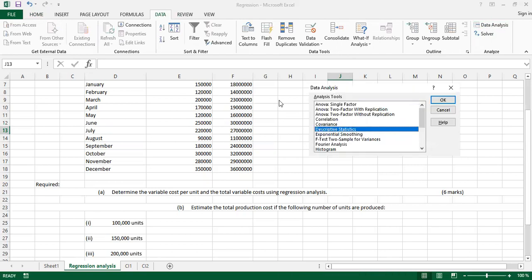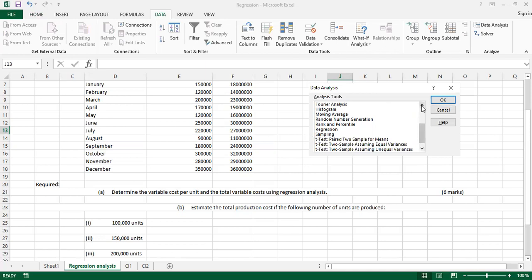Under Data Analysis, you can see there are very many things: correlation, covariance, descriptive statistics, that is the mean, mode, exponential smoothing, F-test for two sample variance, which is the significance test, we shall see that. Also for auditing, sampling, and the moving average analysis. There are so many, but here we'll be looking for regression.